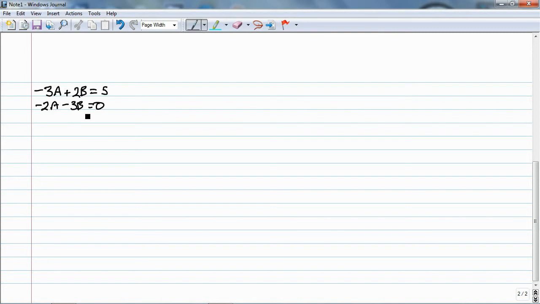The fastest way to solve these two equations is to multiply the first one by 3. So I'll have minus 9A plus 6B equals 5. And multiply the second equation by 2.